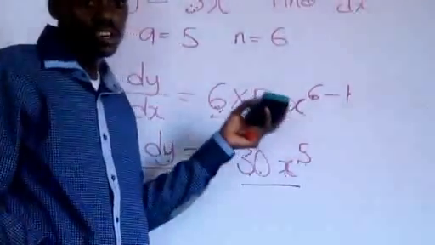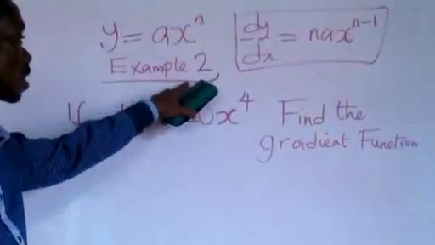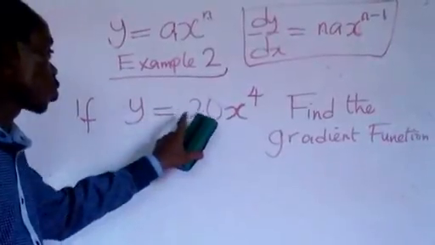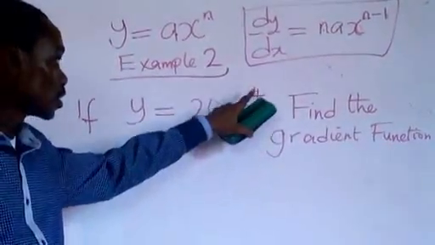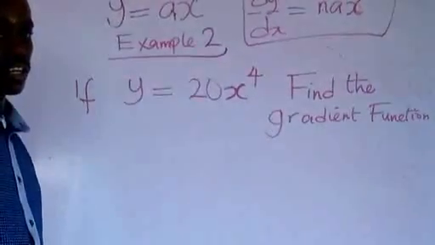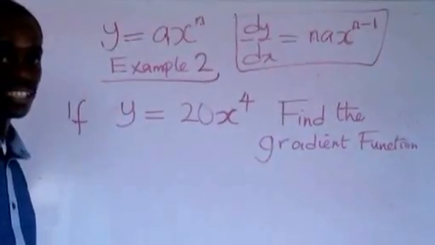So we're going to take another example right now. In example 2, the question is, if y is equal to 20x raised to power 4, find the gradient function. The gradient function is the same thing as finding dy/dx.